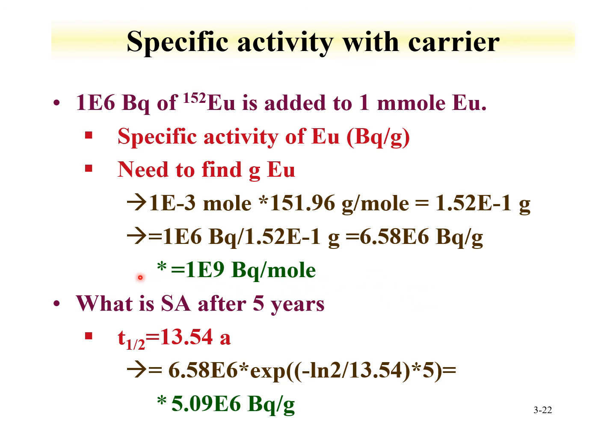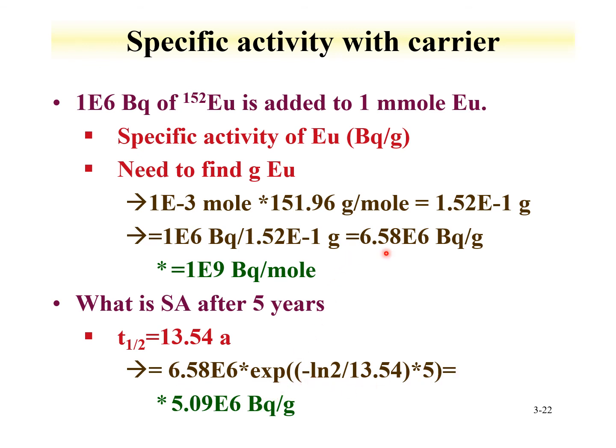What's the specific activity in 5 years? Well, europium-152 has a half-life of 13.54 years. I can plug this into the equation that we talked about. The activity at time t would be equal to the initial activity times e to the minus lambda t.